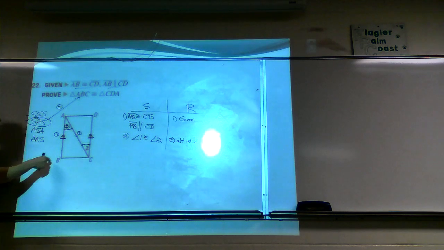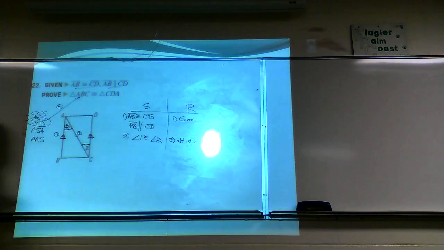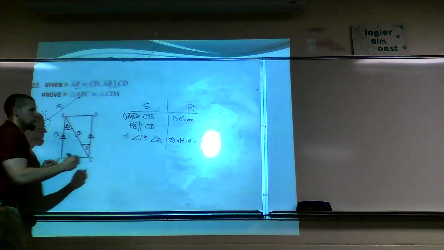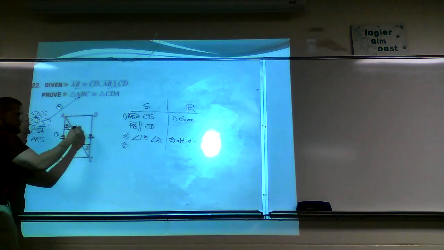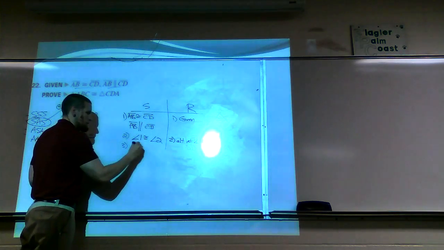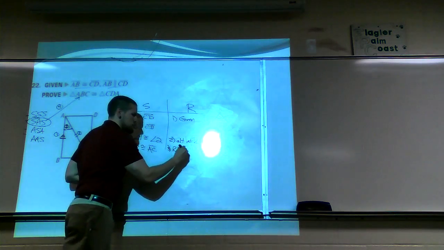Instead of having to say angle BAC, if you just want to put a 1 and 2 in there, that's okay. Just make sure it's clearly labeled because that's not in every picture. The third thing was that segment where I got my little 3 next to. So AC congruent AC, and that's reflexive.